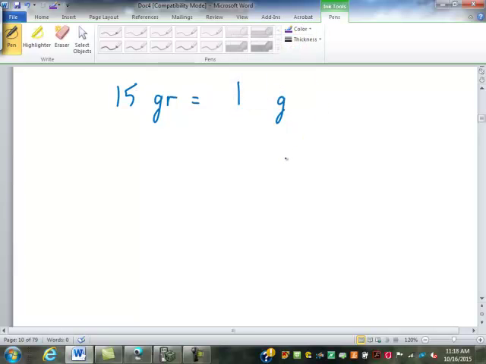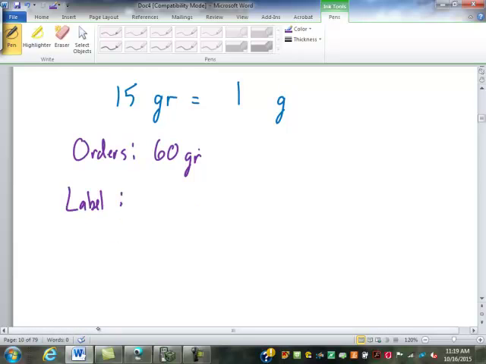So if we are given the doctor orders 60 grains of medication.